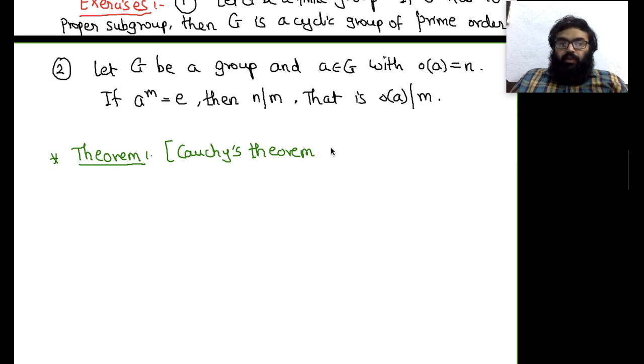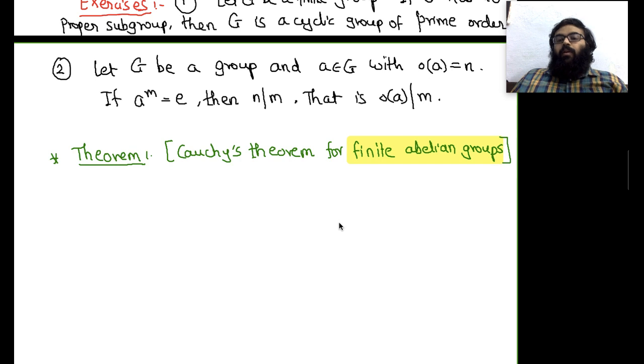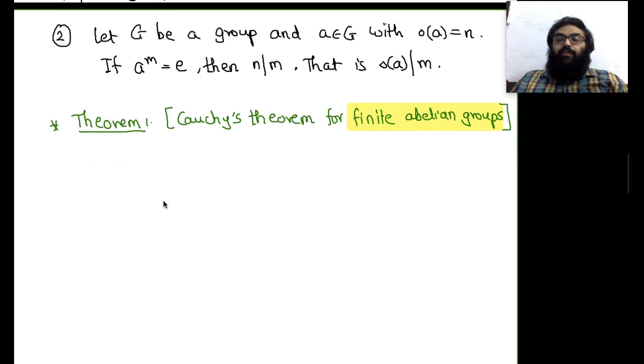So Cauchy's theorem, and this is a special case. We are proving it for finite abelian groups, not just an arbitrary group. In the second unit, we'll prove the result in general, for any finite group.